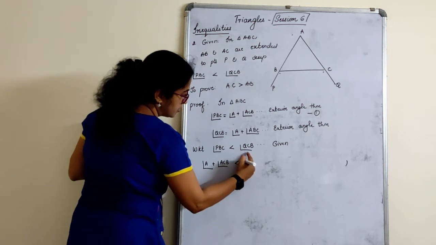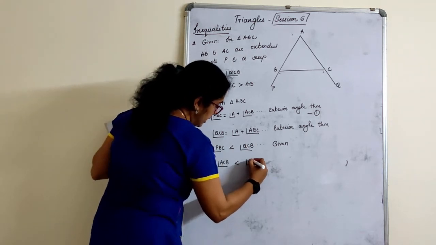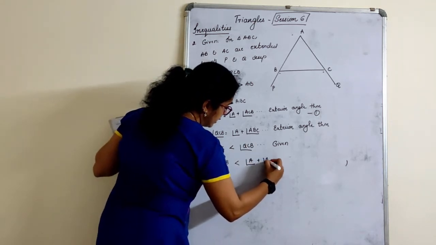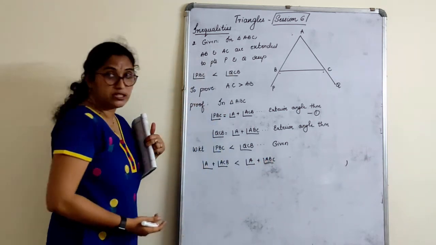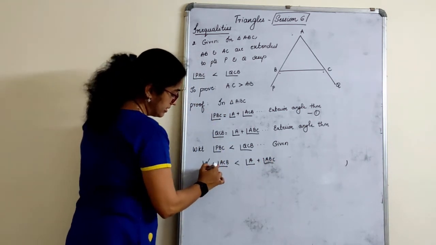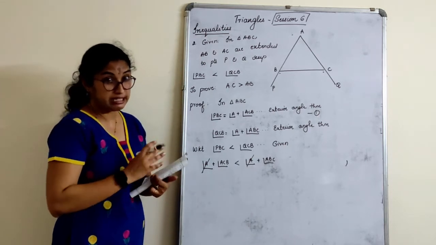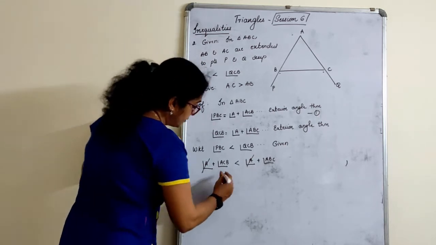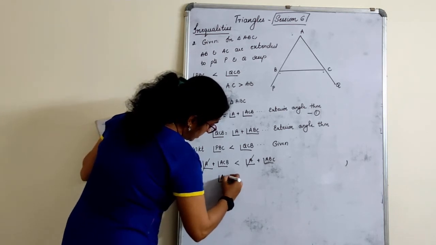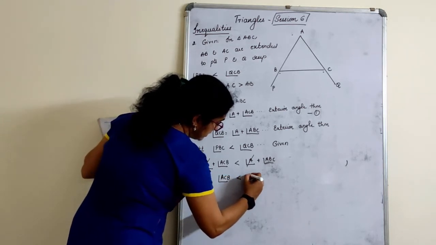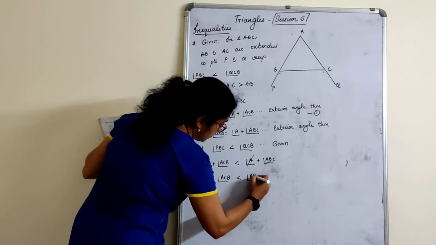Less than as it is. What is QCB? Angle A plus angle ABC. I have just substituted what it is. So I can say A and A will get cancelled. See, greater than sign we can't transpose, but the same thing it is. What is left here? Angle ACB is less than angle ABC.